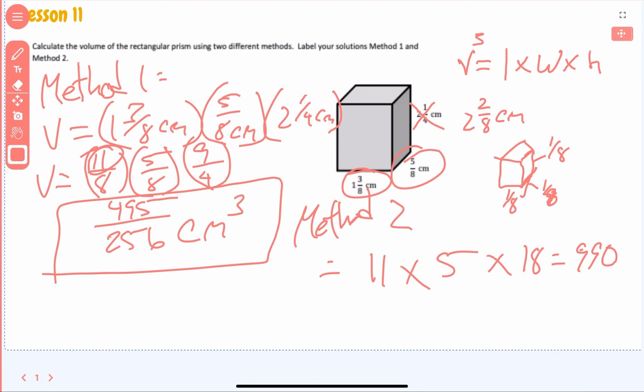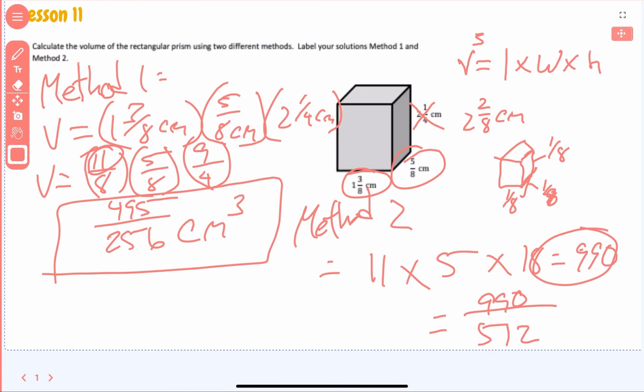You got to think about what we're doing. We're multiplying by what? 1/8 by 1/8 by 1/8. So how much is that? This is going to be your numerator here. Now, what is your denominator? What is 8 times 8 times 8? 512.